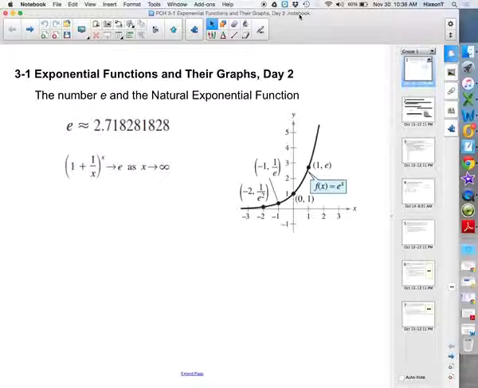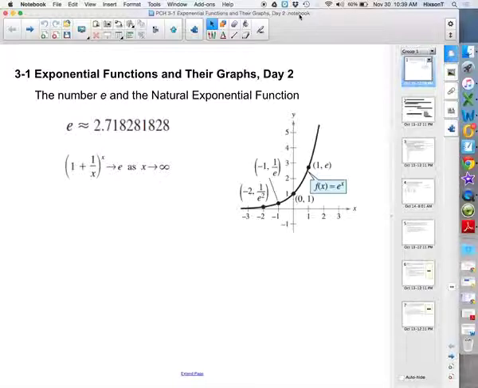It actually comes from this expression right here, (1 + 1/x)^x. What happens is that value will approach 2.718 as x gets larger and larger. Now, if you plugged in a 1 for x, you'd have 1 plus 1 is 2, 2 to the first is 2.